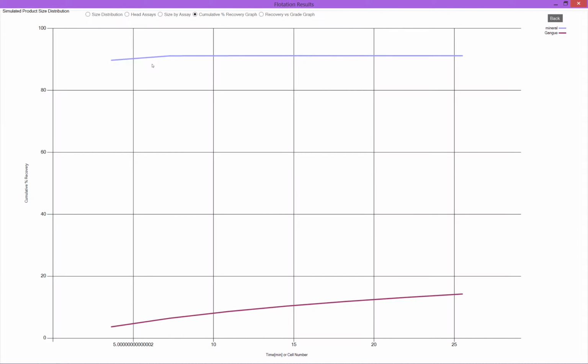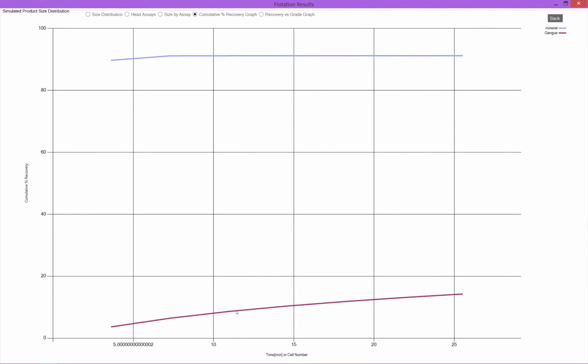this flotation, even though it has a good separation between mineral and gangue, the rate slows down after the first 8 minutes or so. So the flotation is not very effective here. What this means is that this flotation bank is too long and that the additional flotation cells are not required.